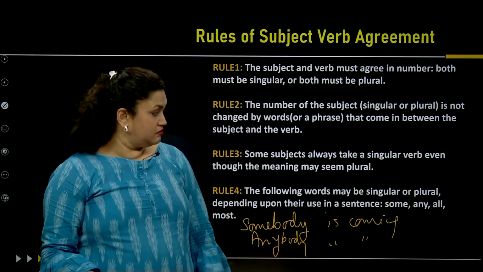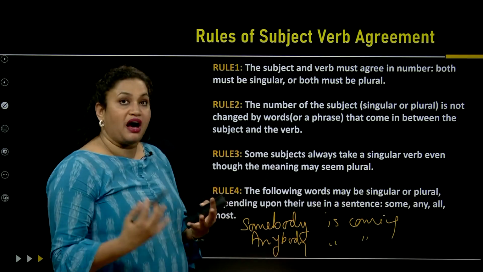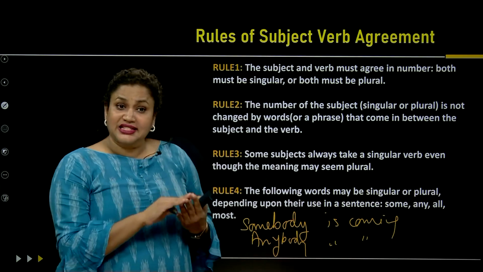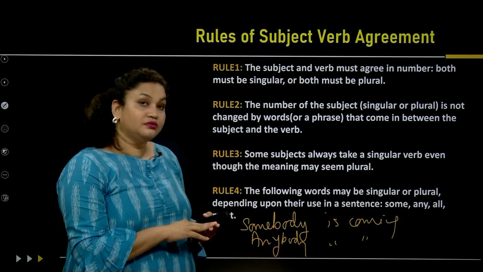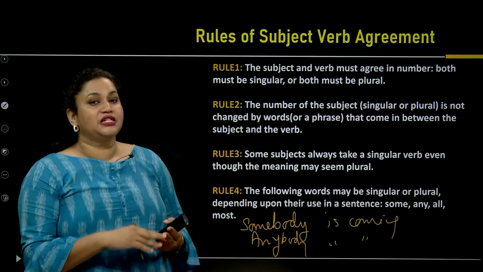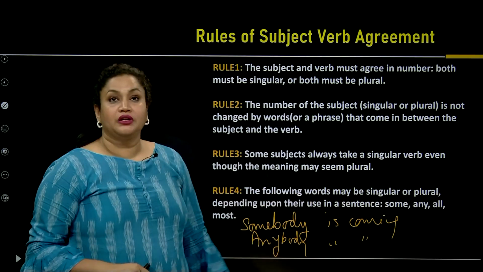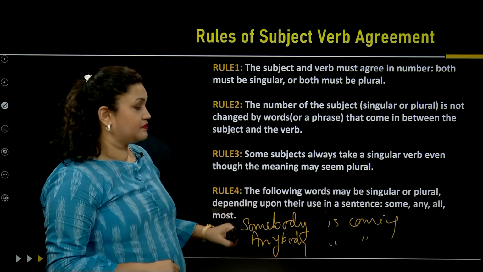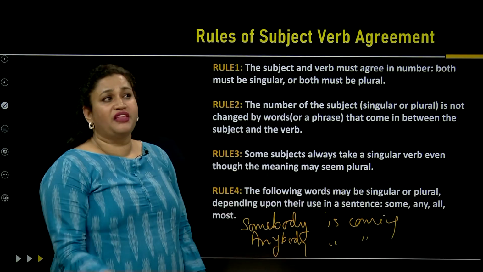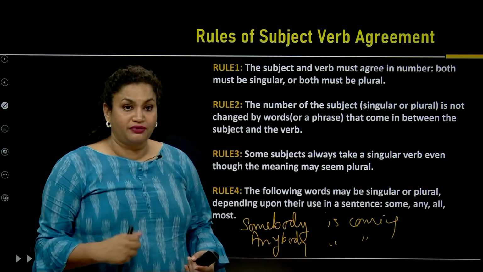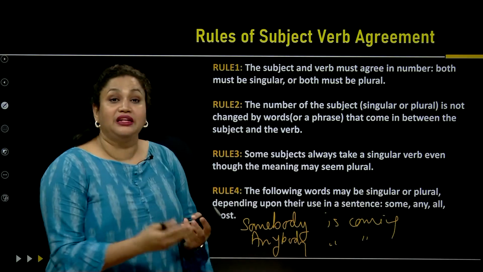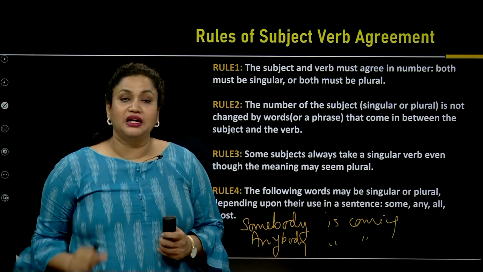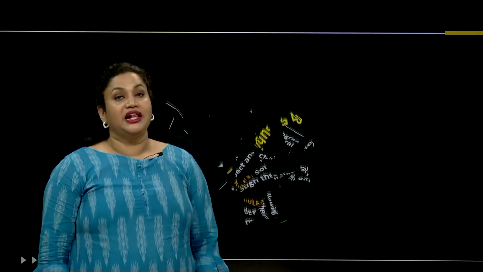Only when you say most of them do we say most of them are coming. So you have to understand everyone is coming, right? In that case we have to use only the singular verb. Sometimes, for some of them are coming, we use the plural form. But in cases like someone is coming, because we have added one, we use a singular verb too. Okay, let's go to the next one.